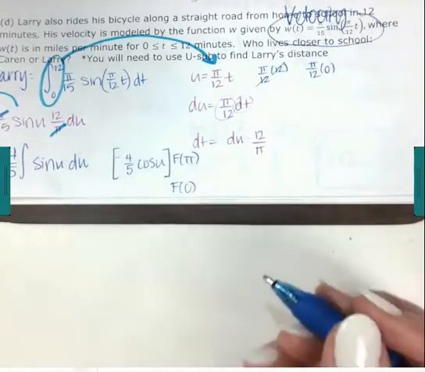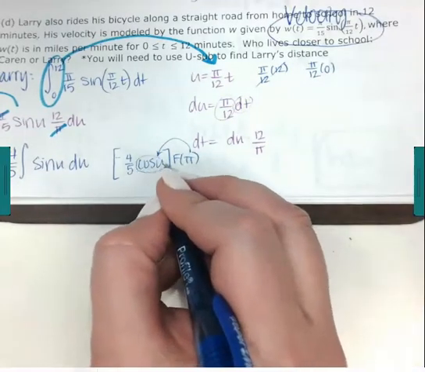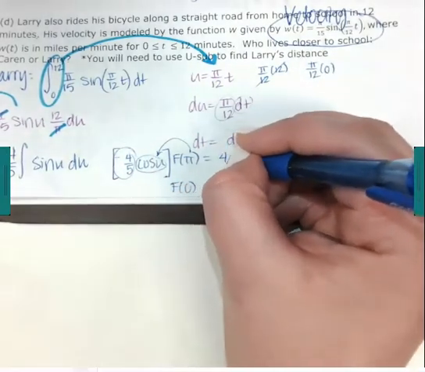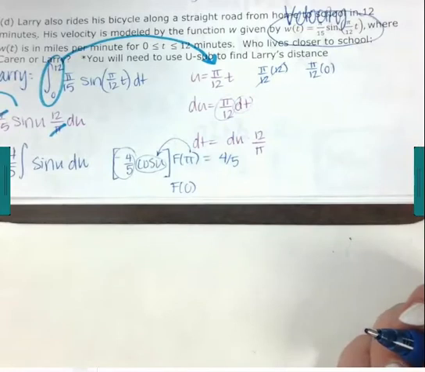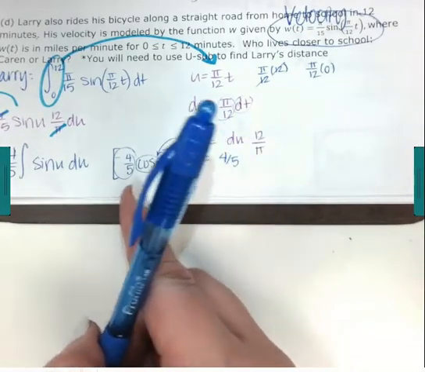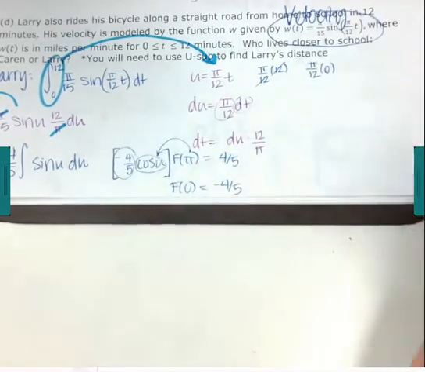Then I'm plugging those numbers in. Now, what is cosine of pi when I plug it in? And negative 1 times negative 4/5 becomes positive 4/5. Versus down here, I plug in 0. Cosine 0 is 1. Multiplied by negative 4/5 stays negative. And then how do I find Larry's total distance?